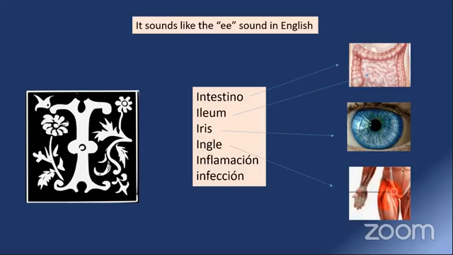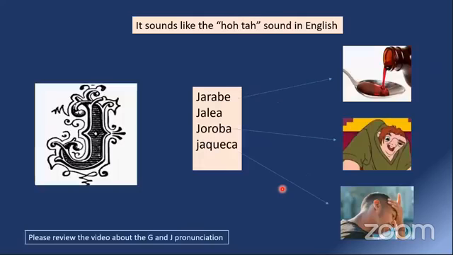Ingle is the area where usually the hernia can happen. Hernia, ingle. Inflamación is not inflammation. You see the little tiny dot on top of the O, that's a tilde. Inflamación. Infección, you know those words. If you have seen my previous videos, you know very well.